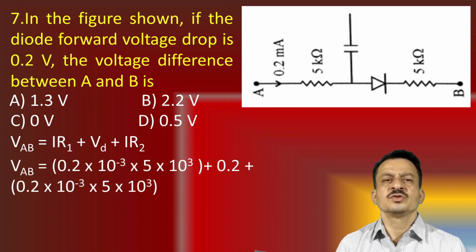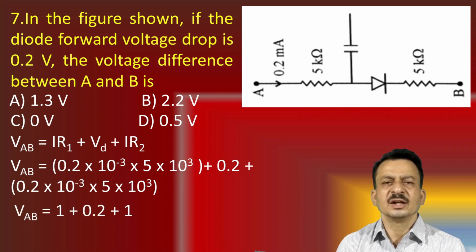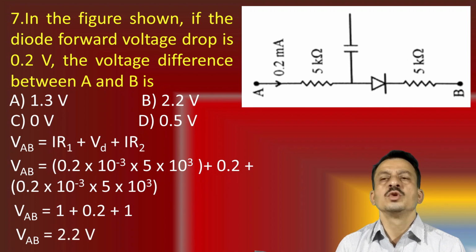So if you substitute the values, 0.2 into 10 to minus 3 into 5 into 10 to plus 3, plus 0.2, the voltage drop across the diode, plus 0.2 into 10 to minus 3 into 5 into 10 to plus 3. If you simplify this one, 0.2 into 5 is 1, 10 to minus 3 plus 3 gets cancelled, 1 plus 0.2 plus 1, therefore it is 2.2. Therefore potential difference across A and B is 2.2 volts, hence B is the right answer here.